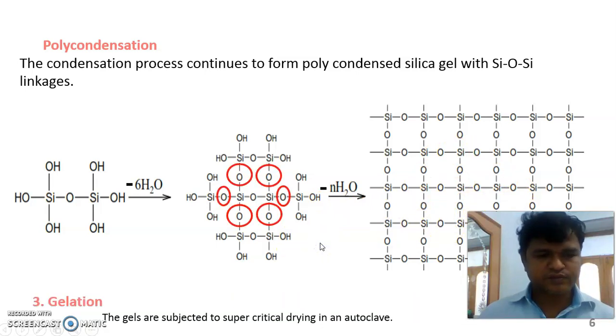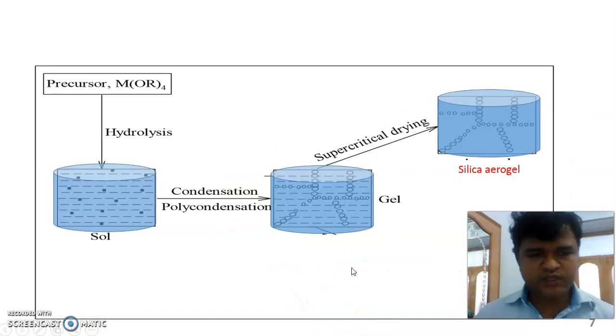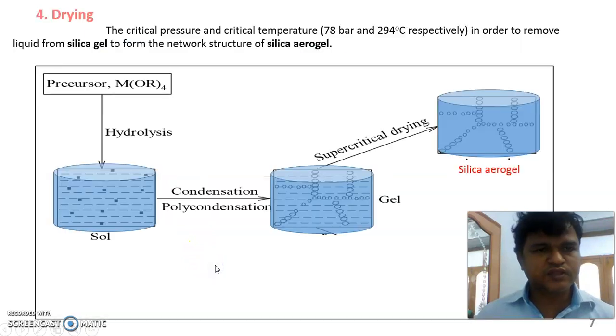Third one, gelation. The gel is subjected to supercritical drying in an autoclave. It becomes a moist material. This is a flow chart which explains all these things. Come to drying. Drying is at a critical pressure and temperature. At high temperature and high pressure, we dry the material to get silica aerogels.